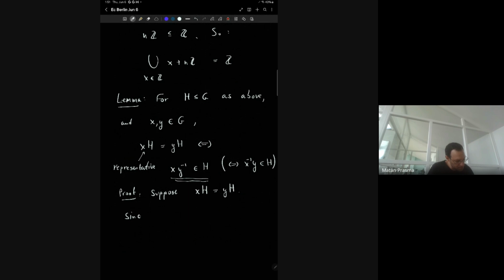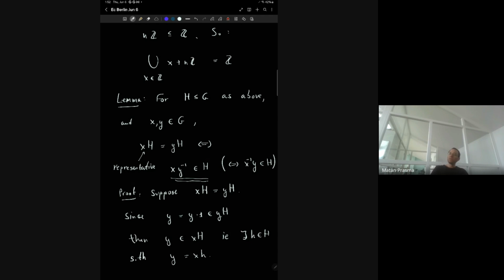Since y can be expressed as y times 1, it is in yH. And since the two cosets are equal, y must be an element in xH, i.e., there exists some h in H such that y is equal to xh.